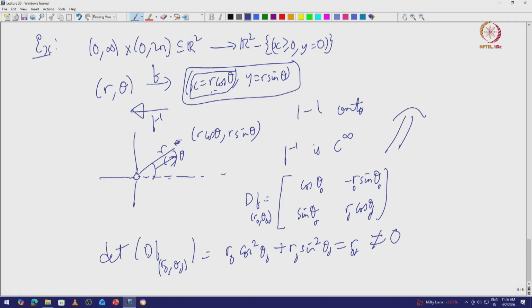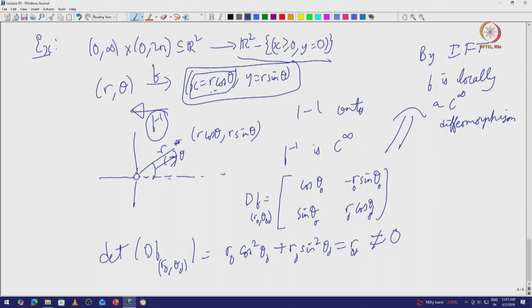Which means by the inverse function theorem, f is locally a smooth diffeomorphism, which means f inverse is locally defined and it is smooth. But we already know f inverse exists not just locally but globally, meaning it is defined on this entire huge open set.